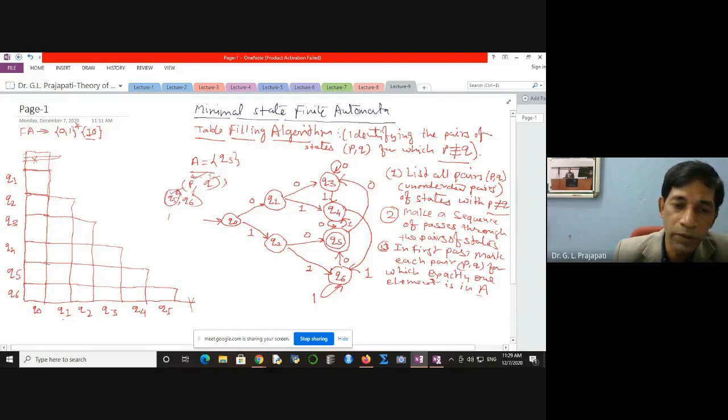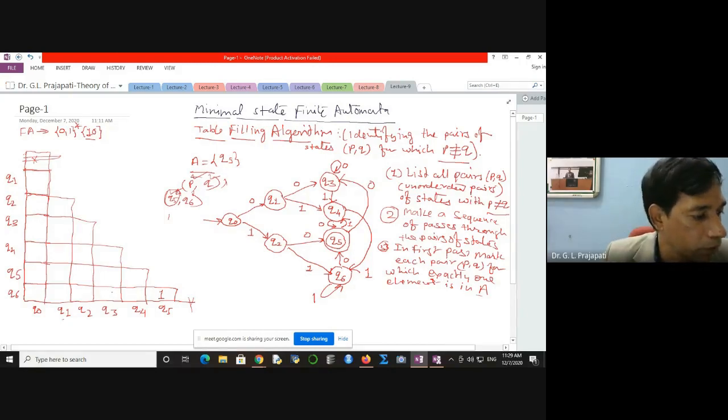Here Q5 is the final state and Q6 is not, so we need to mark. Marking means you can make a tick mark, or I am just writing 1. This means that I am marking in the first pass. So Q5, Q6 I can mark.